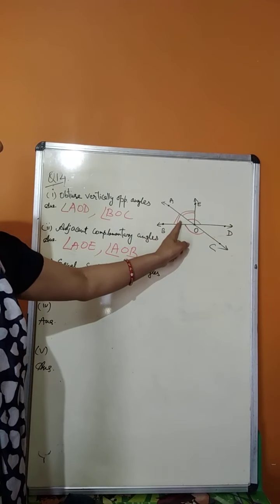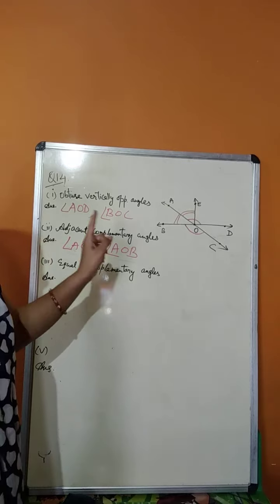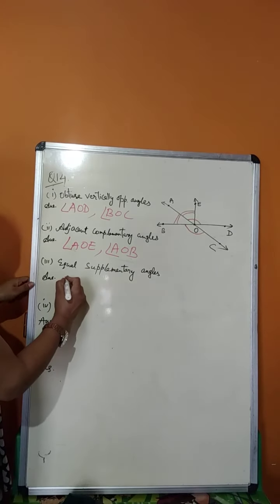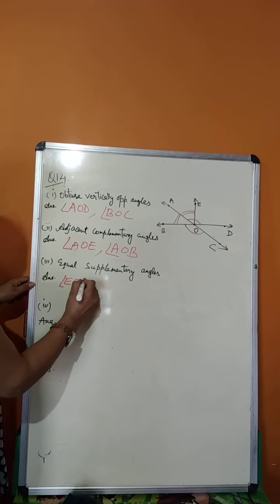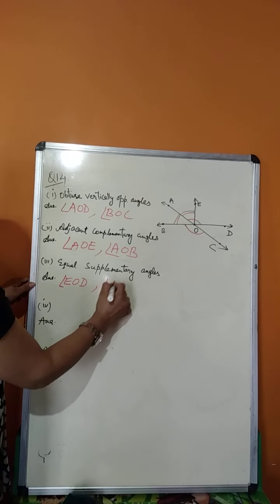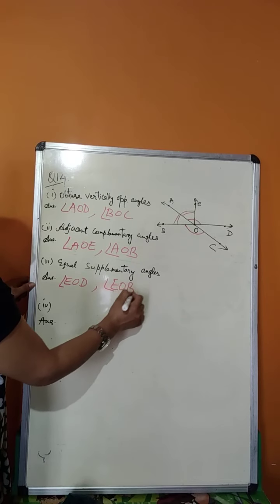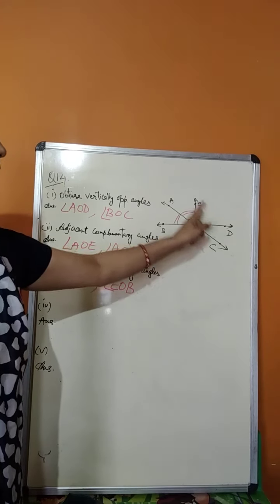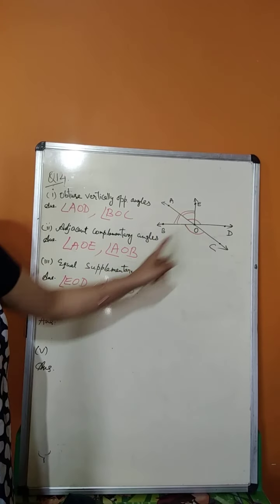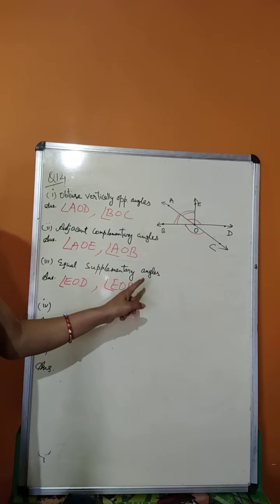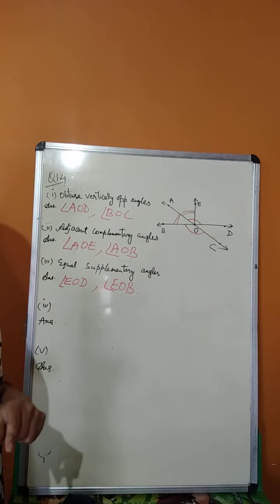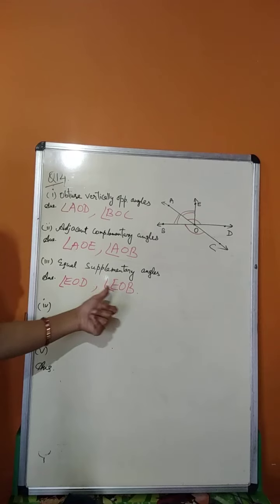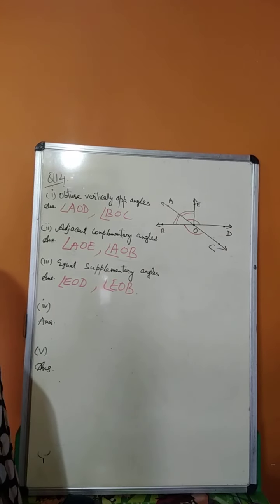If we add them, we get 180 degrees and they are equal as well. So the pair will be angle EOD, angle EOB. The answer will be these two angles, EOD and EOB.